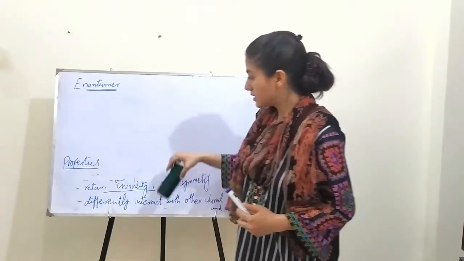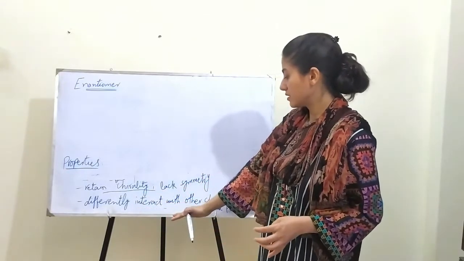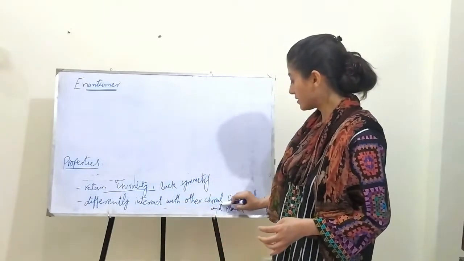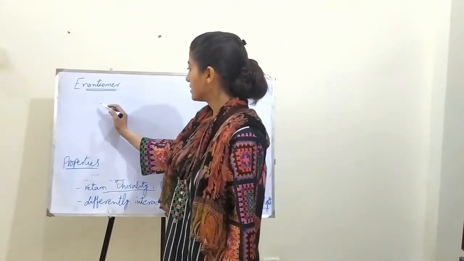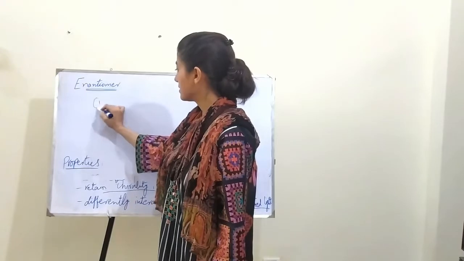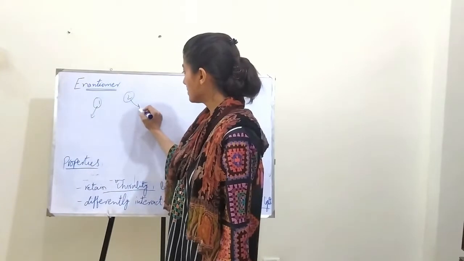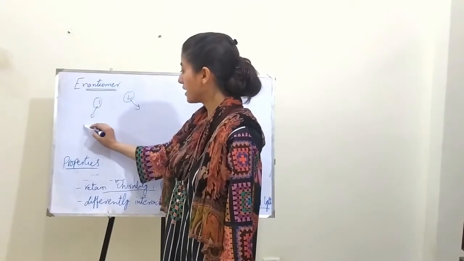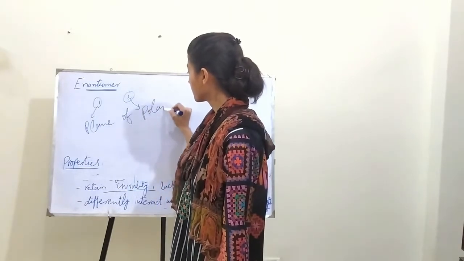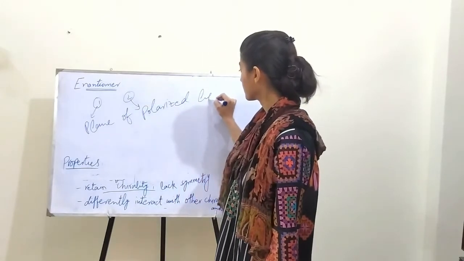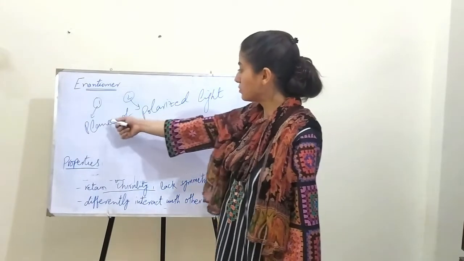So in this way we may also calculate the maximum number of enantiomers that a compound can have. The next property of enantiomers is they behave differently as they interact with other chiral compounds as well as the plane of polarized light. If that compound exists as 2 enantiomers, then one enantiomer would interact with plane of polarized light differently from the other.